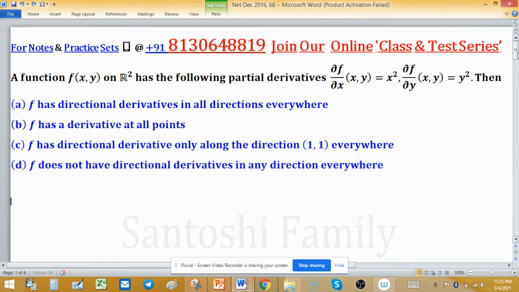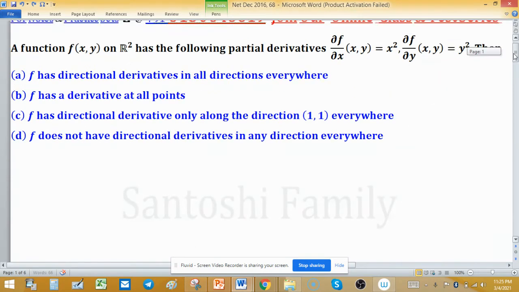Now first understand what is the meaning of each given option. If you focus on option A, f has directional derivative in all directions everywhere, it means suppose this is a domain point.